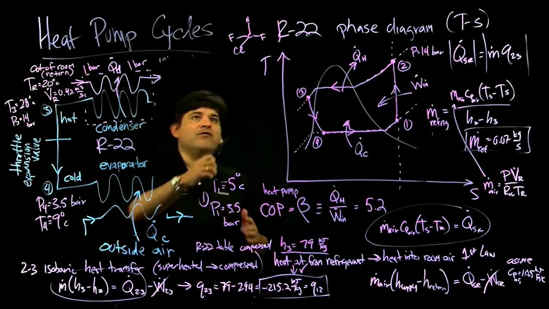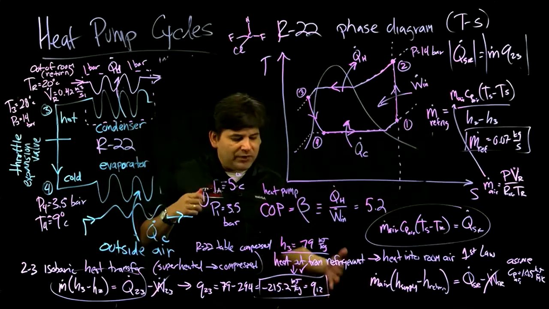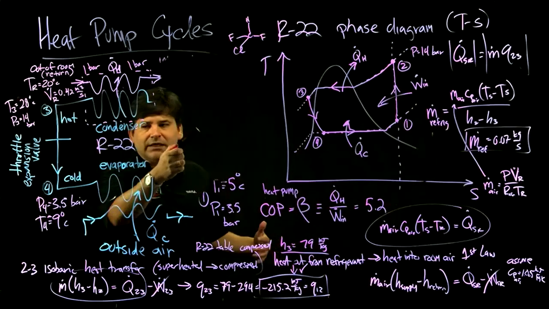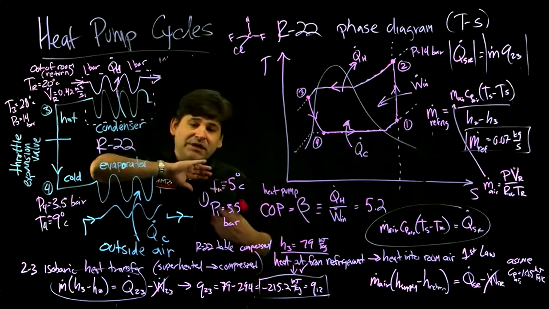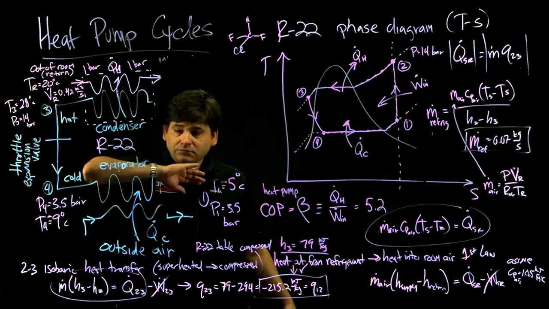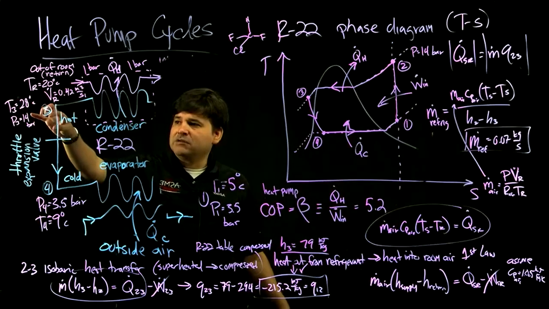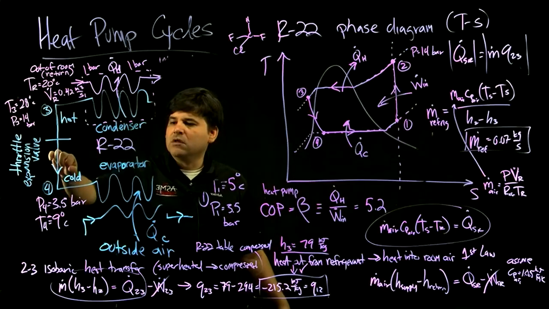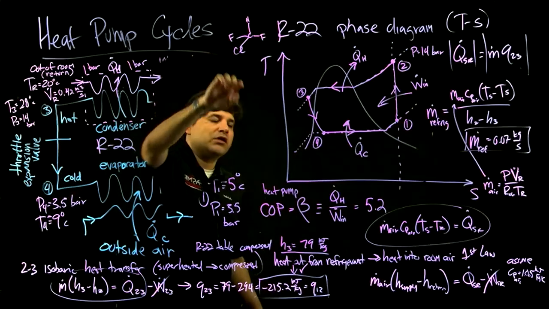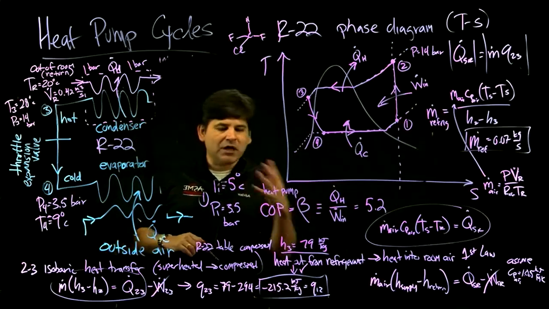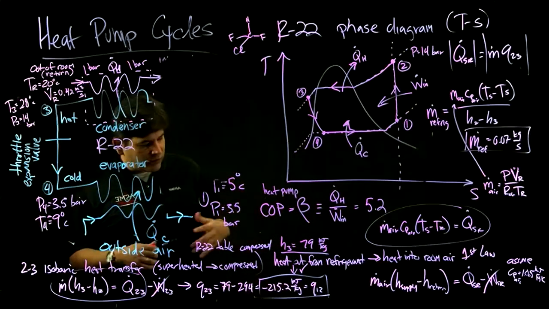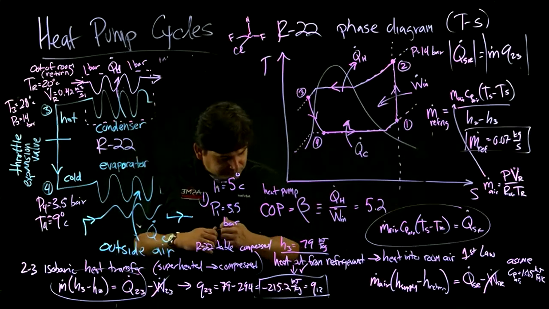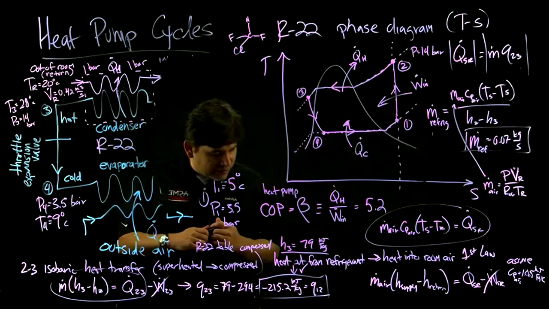And the better refrigerants have a big temperature drop. That means you need to put less work in. If it has a big temperature drop, then you don't need a strong compressor to go from hot to cold. So that's why these molecules are called refrigerants, because they go from hot to cold easier with less work required, less pumping required, less compression required.